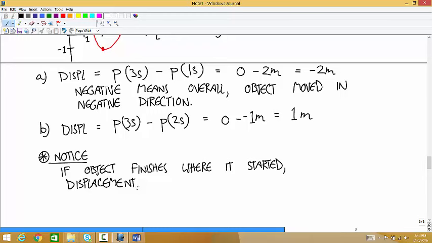So like a 10,000 meter track race is 25 laps around a track. What's the displacement? 0. So don't be all proud. Your displacement was 0.